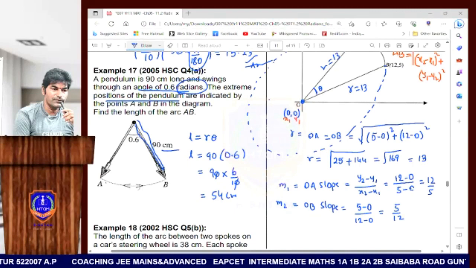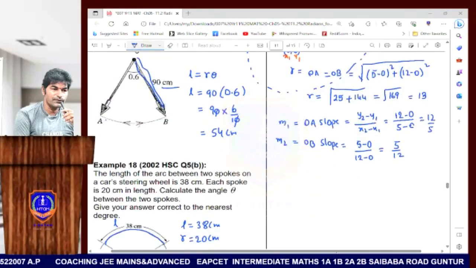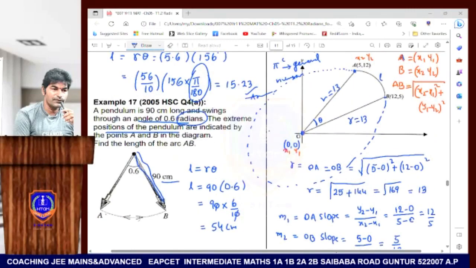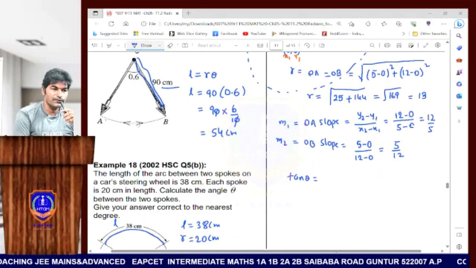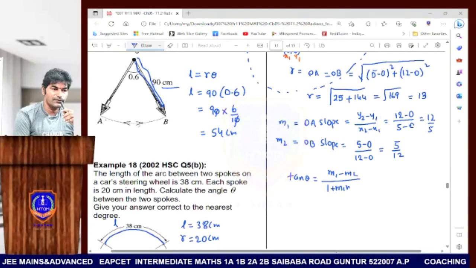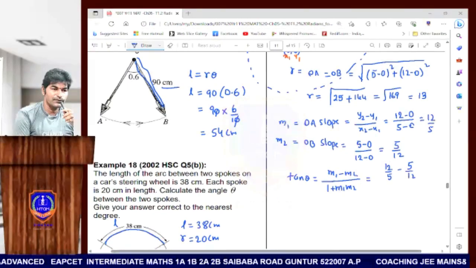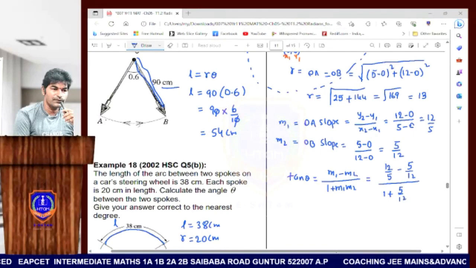After getting M1 and M2, we will calculate theta using the formula tan theta equal to M1 minus M2 by 1 plus M1 M2. What is M1? 12 by 5. What is M2? 5 by 12. Divided by 1 plus 5 by 12 into 12 by 5. Clearly, you observe that 12 goes 1 time, 5 goes 1 time.